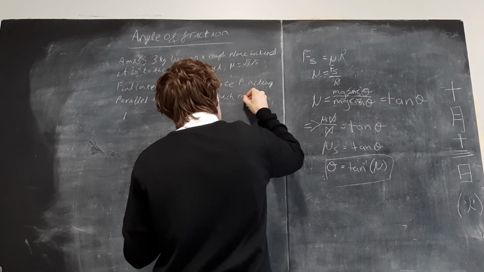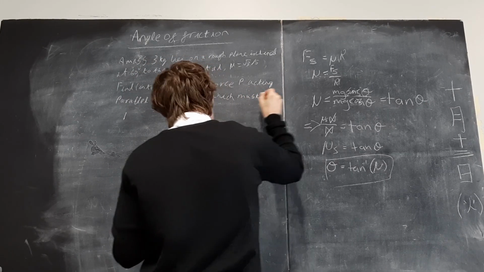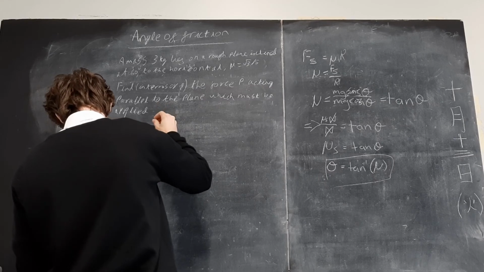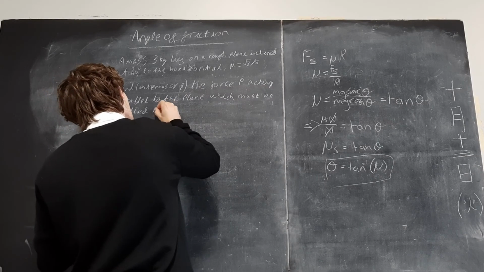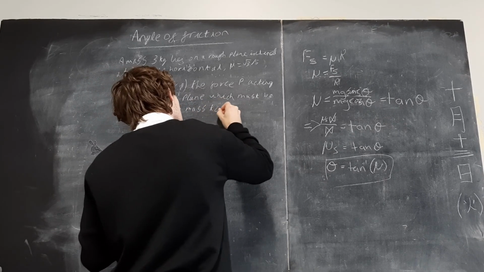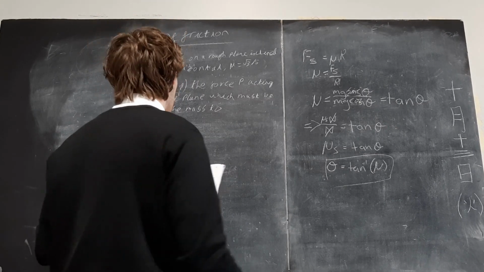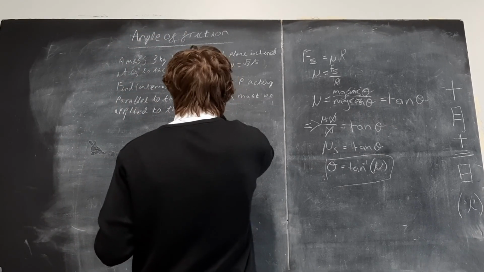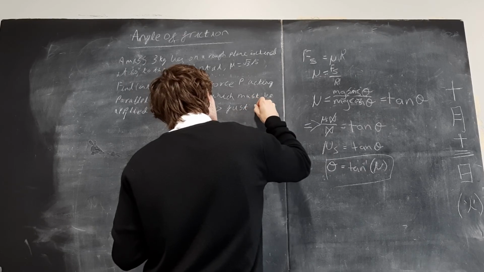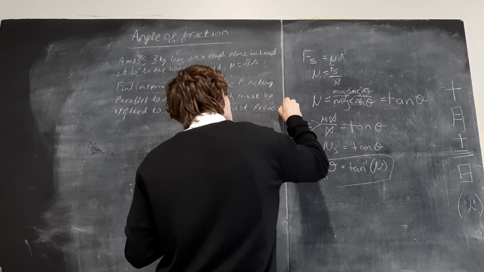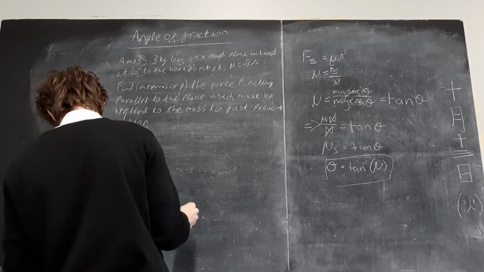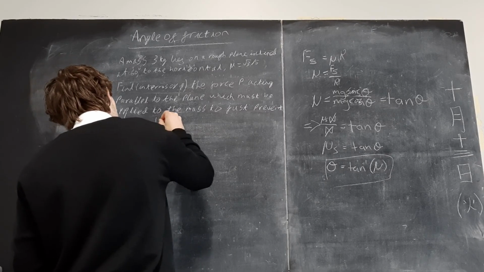Must be applied to the mass. Find in terms of g. The force which must be applied to the mass to just prevent motion down the plane.